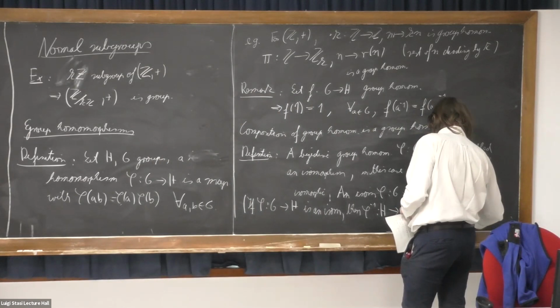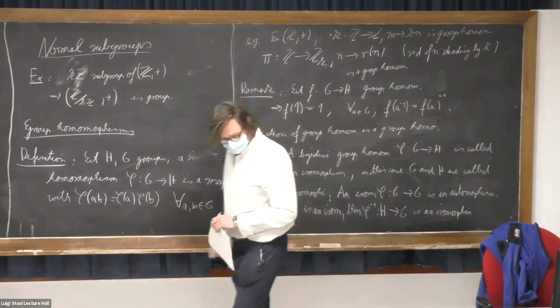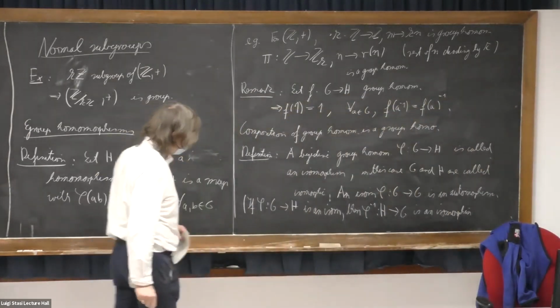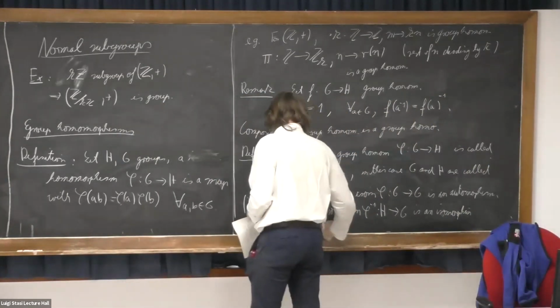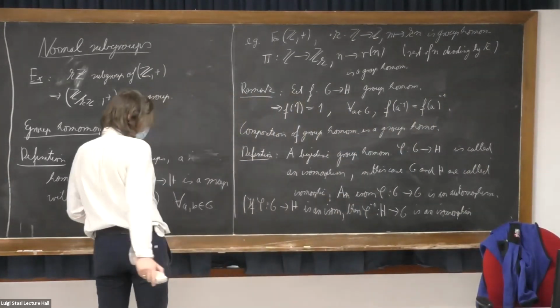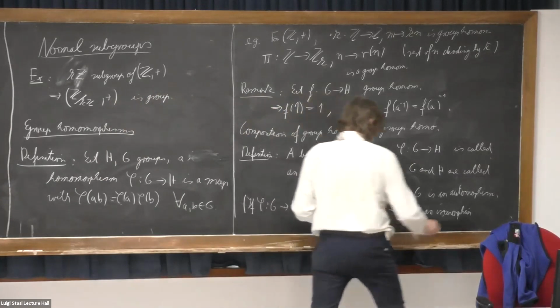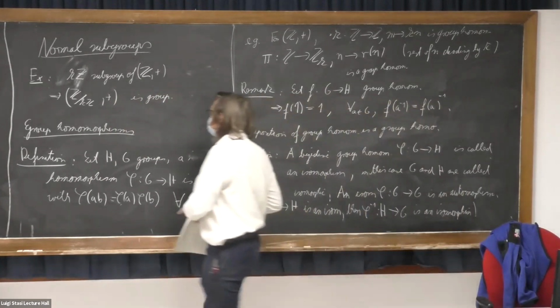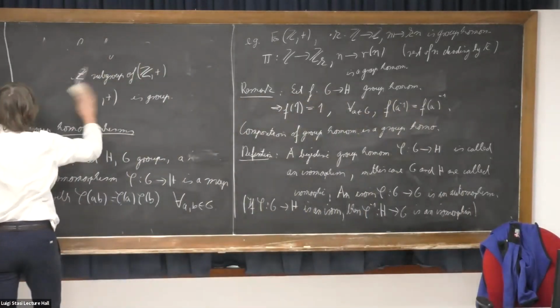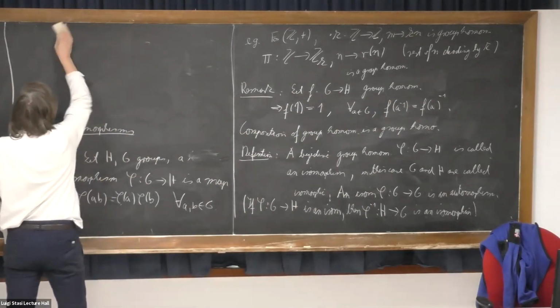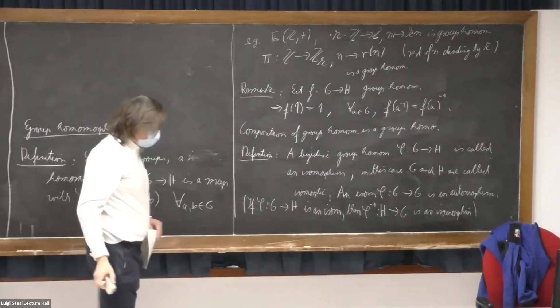It follows directly from the fact that the map itself is compatible with the product that also the inverse is. Okay. And this is one step in seeing the obvious fact that being isomorphic is an equivalence relation on groups.